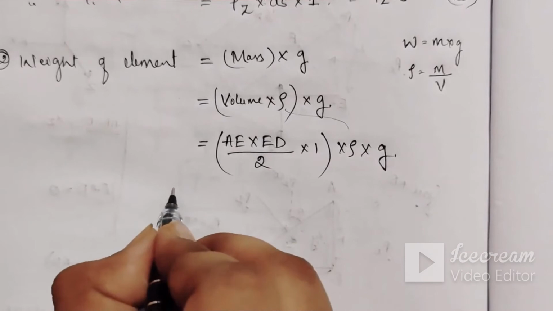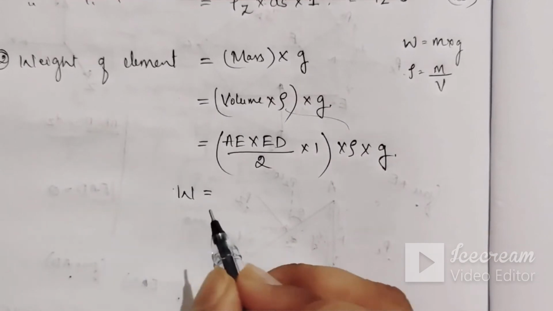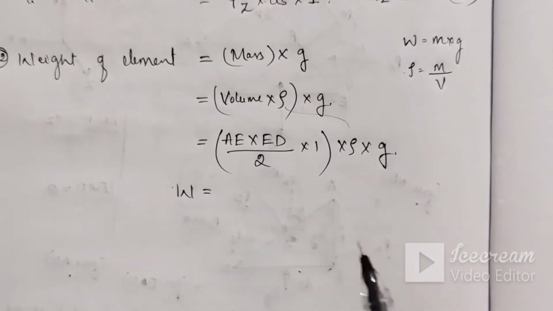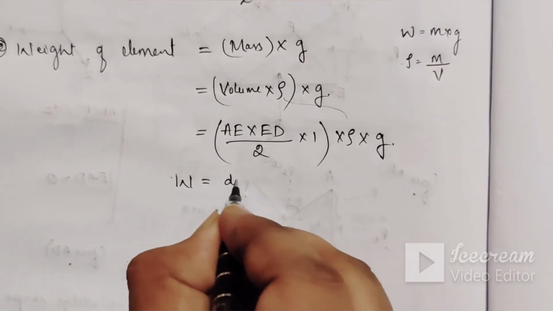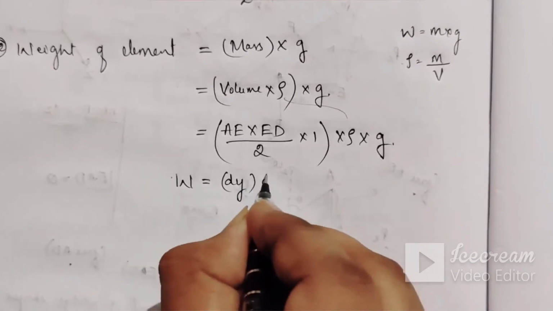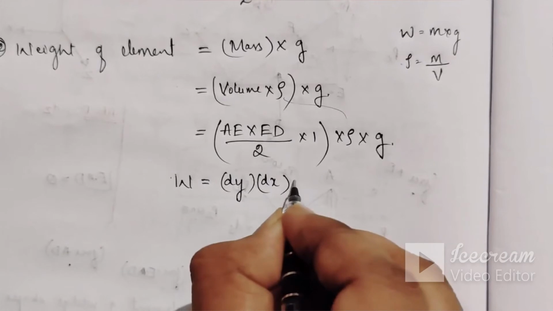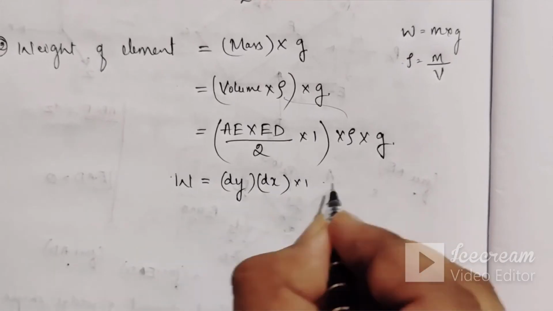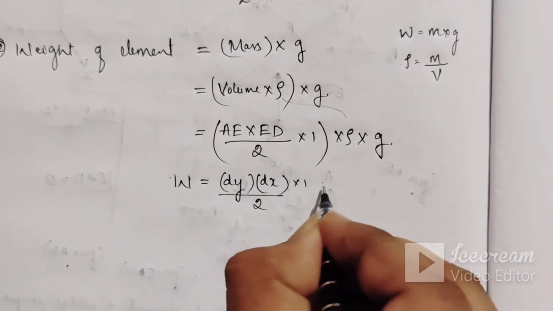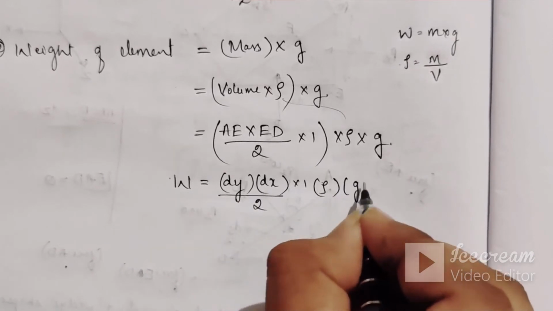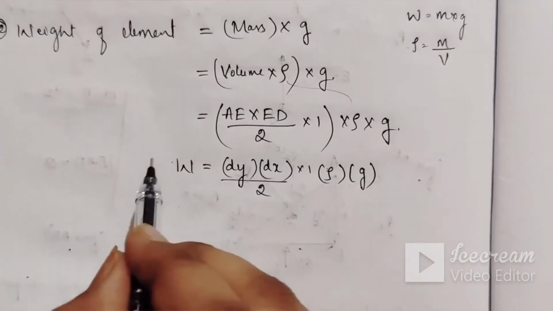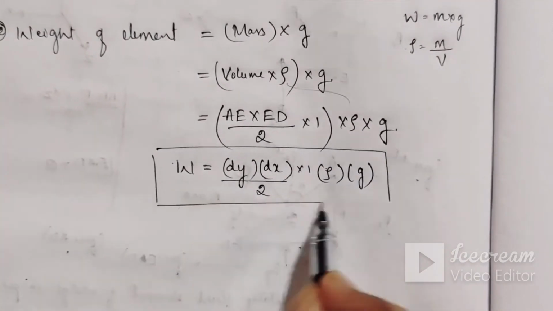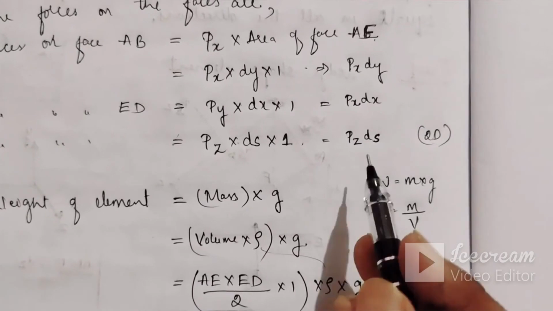So the weight of the element, if they ask, is directly written as: AE is dy, into dx, into 1, divided by 2, into rho into g. So this is the weight and these are the forces.